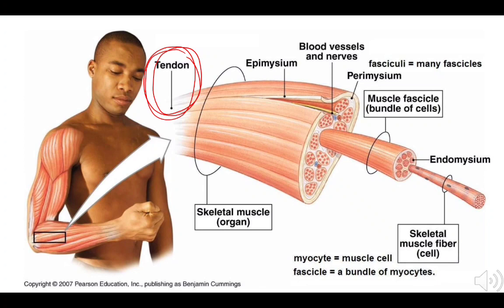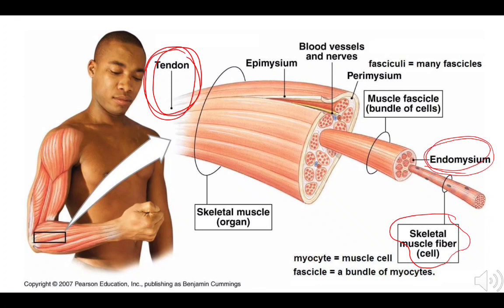Yung isang skeletal muscle fiber natin or skeletal muscle cell, tandaan, is covered by yung tinatawag natin na endomysium. Endo means inside. So ibig sabihin yung pinaka-deep or pinaka-basic unit ng ating muscle is your skeletal muscle fiber. Ang nagko-cover dyan is the endomysium.